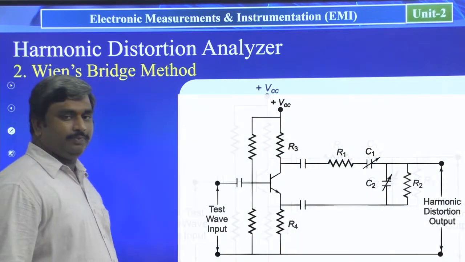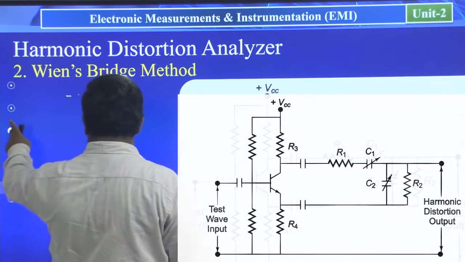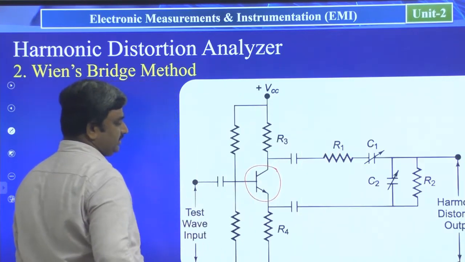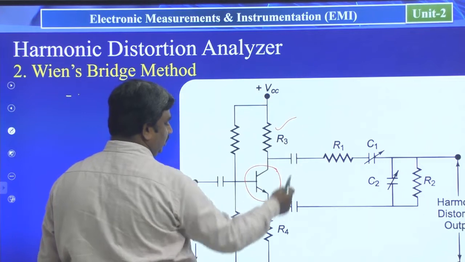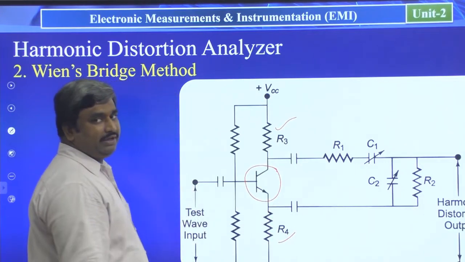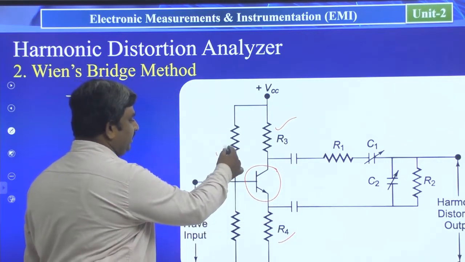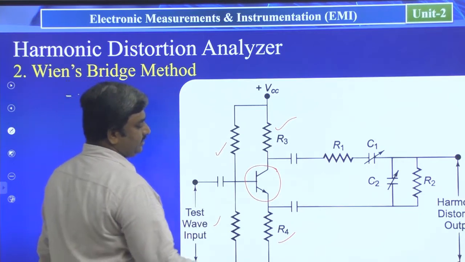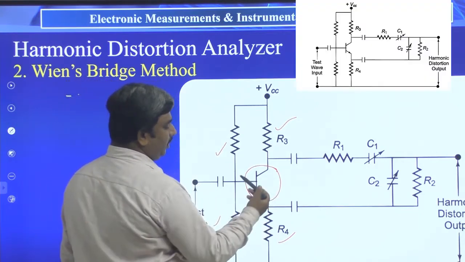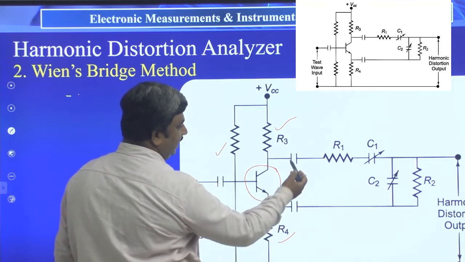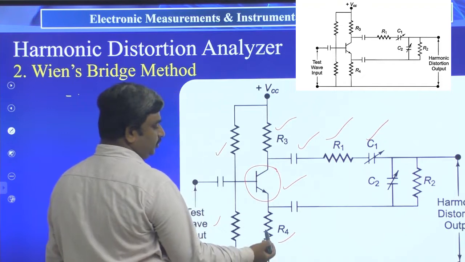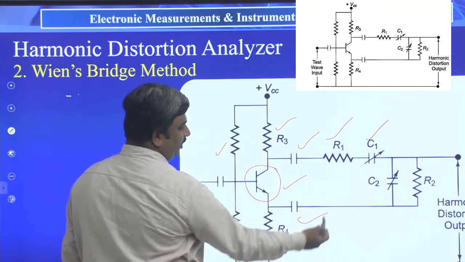In this Wien bridge method, first of all we have a bipolar junction transistor, and here we have R3 and R4, the collector and emitter resistances, and for the base we have two biasing resistances. Next, at the output of this transistor, at the collector side, we have a capacitor, a resistor and a variable capacitor option, and at the emitter side we have a capacitor.